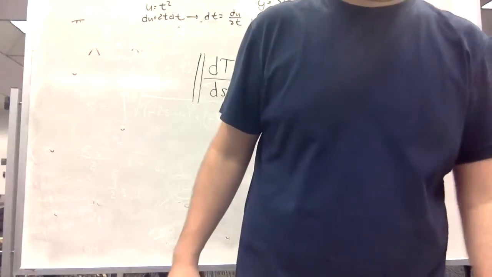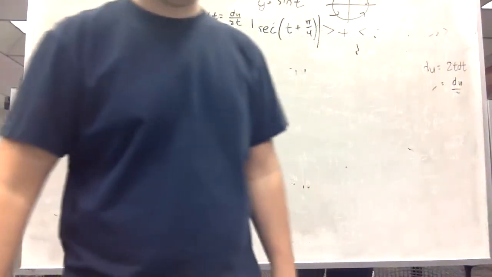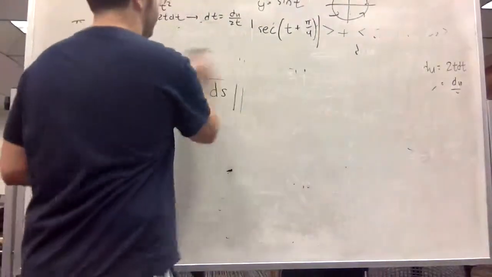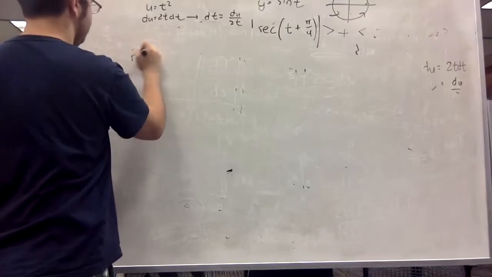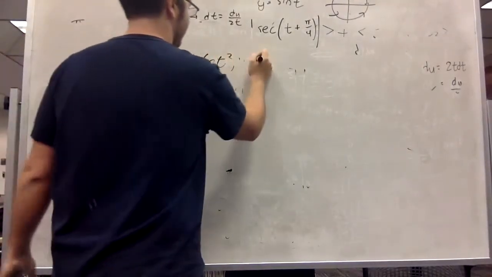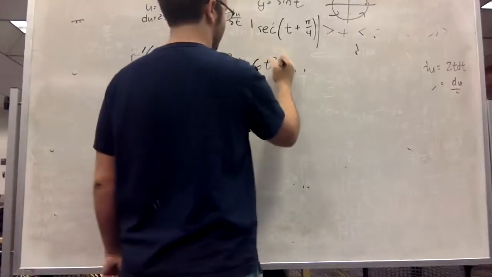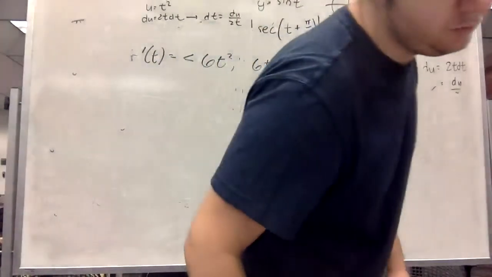All right. Determine the curvature of r of t equals 3t squared plus 1, 2t cubed minus 1, 7 at t equals 1. I don't know if I'm going to enjoy doing this. Here we go. We're going to take r prime and r double prime of t. Actually, r prime of t was what? 6t, 6t squared, 0.